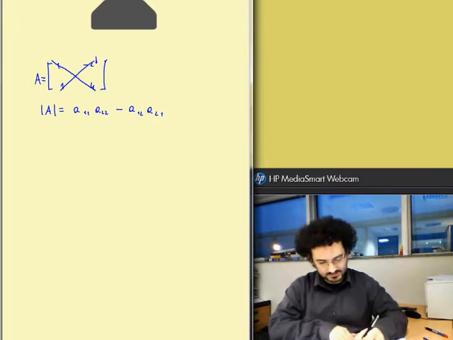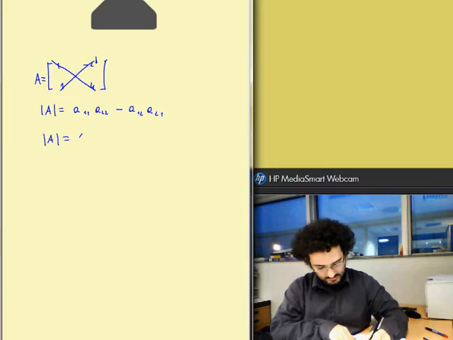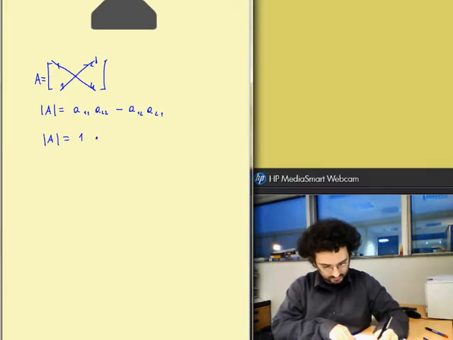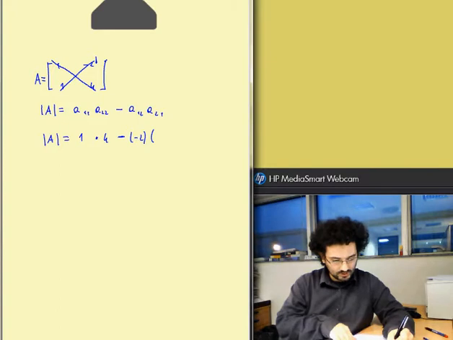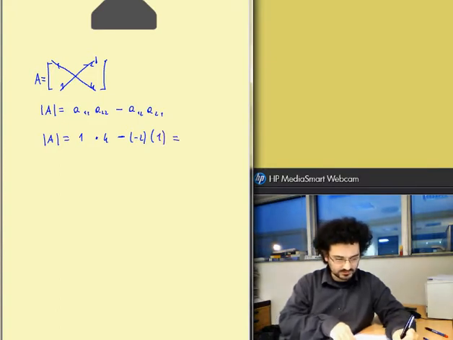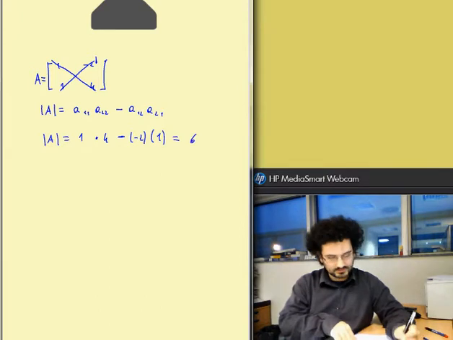So in this case we have determinant of A equal to A11, which is 1, times A22, which is 4, minus A12, which is minus 2, times A21, which is equal to 1. So the final result will be 6.